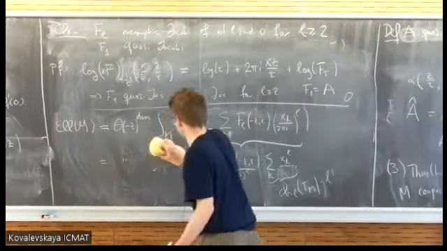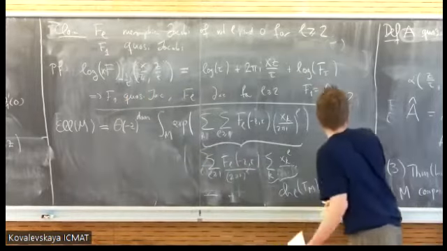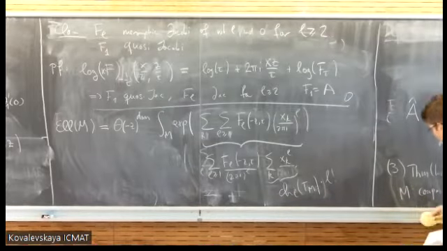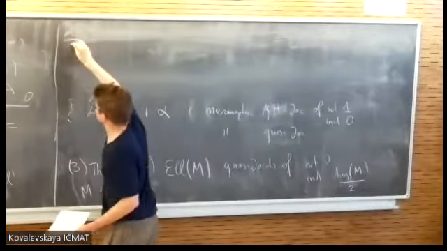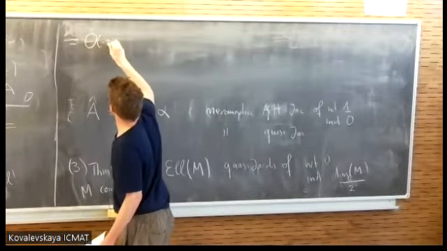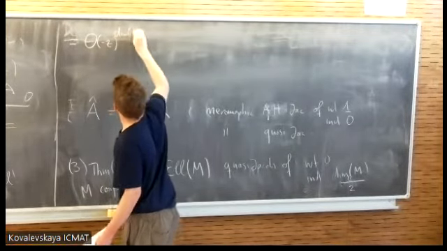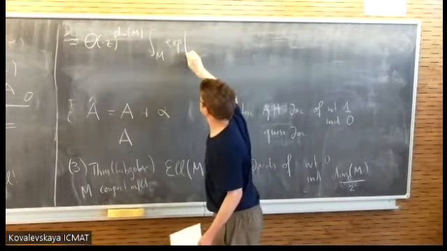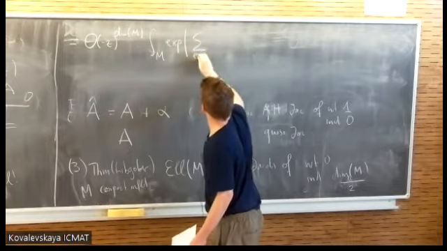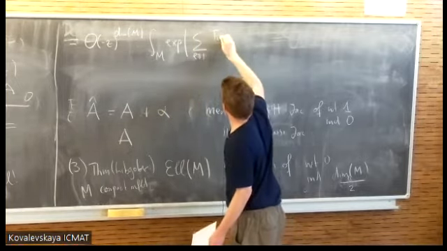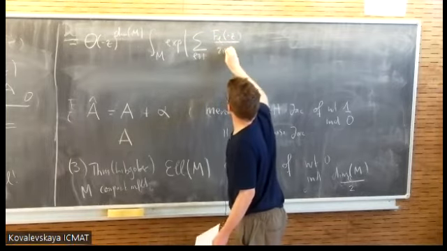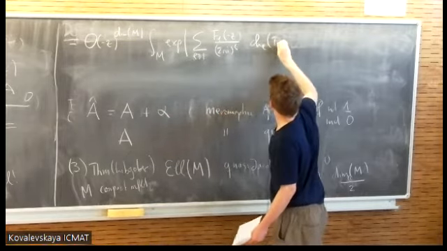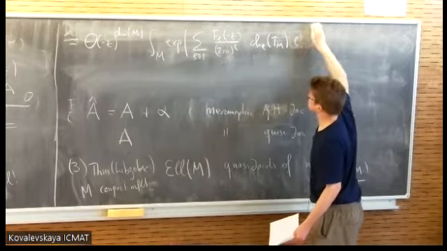So in the end, what you get in this expression is just this theta function in the beginning, and then times the integral of the exponential of the summation of F_l of minus z, and then times this Chern l, times l.